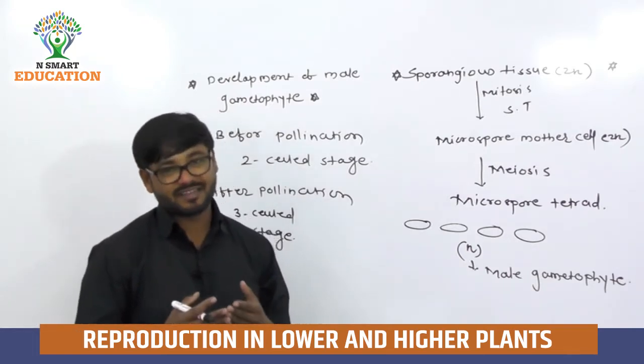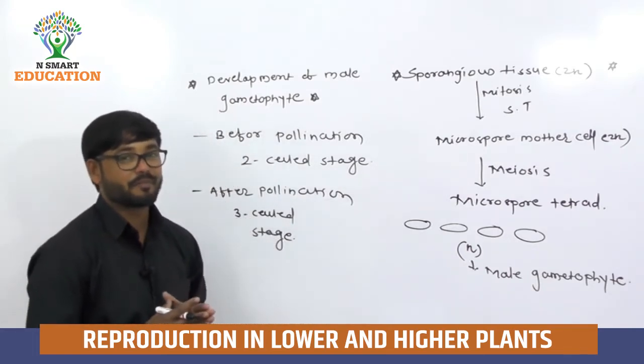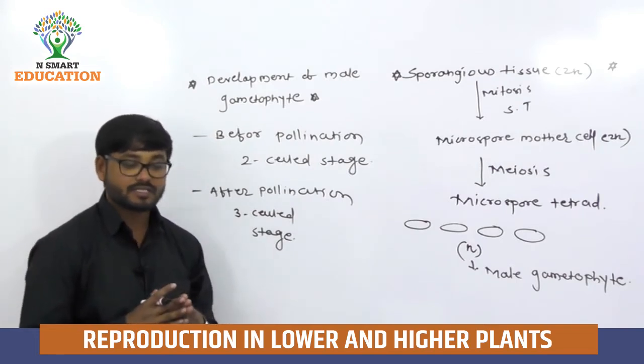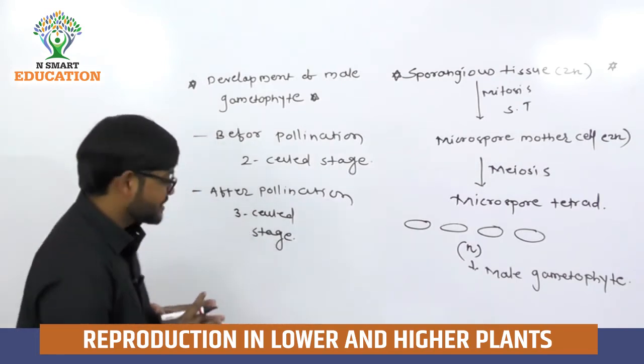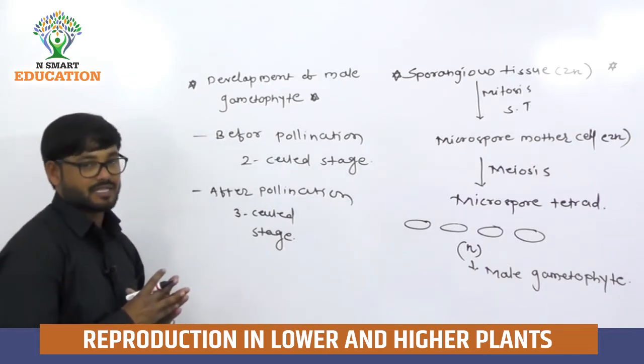more than 60% of angiospermic plants release pollen grains in 2 cell stage.